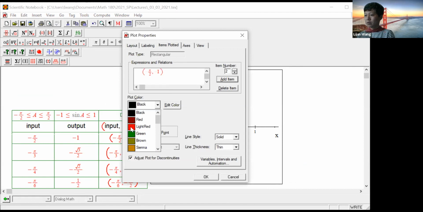Red dot. Maybe I'll make them black dot. I'm going to make it black dot. Okay. Negative pi. Negative 3 pi over 2. This is going to be 3 over 2. Negative.